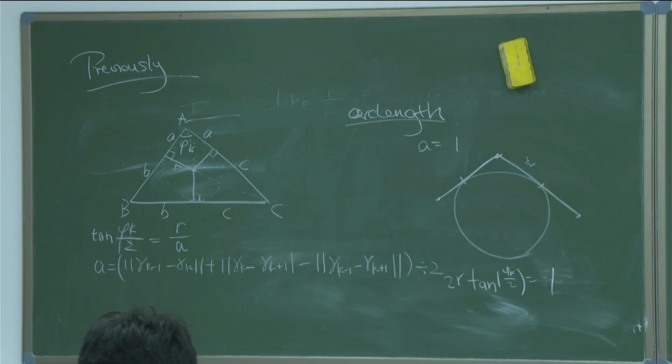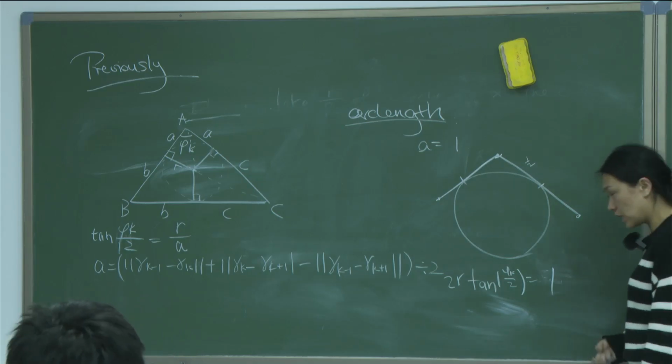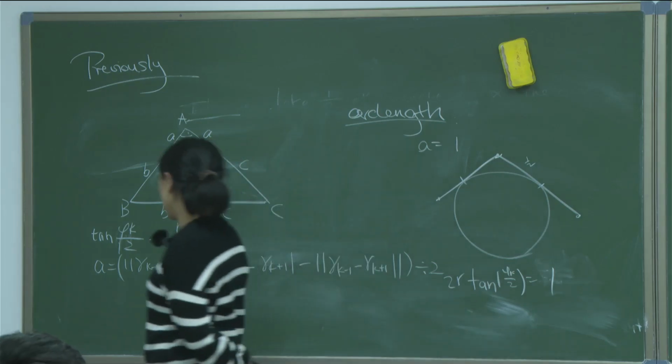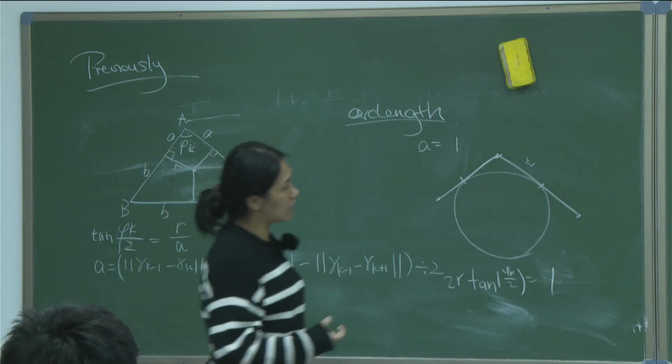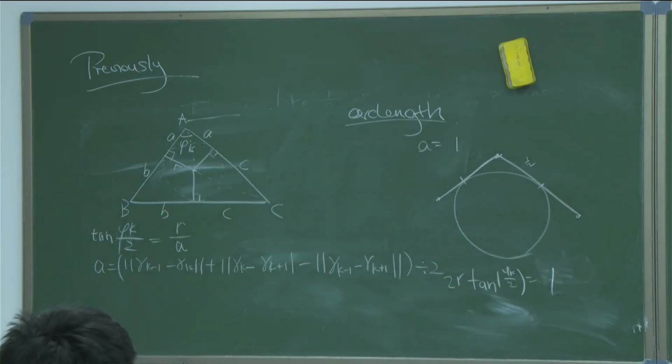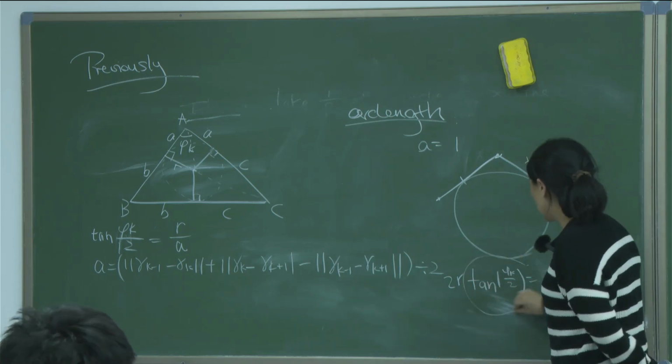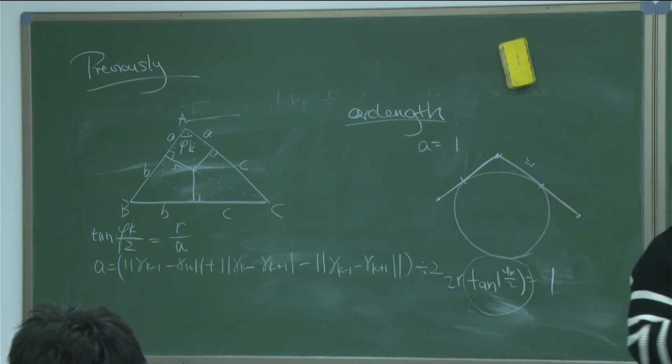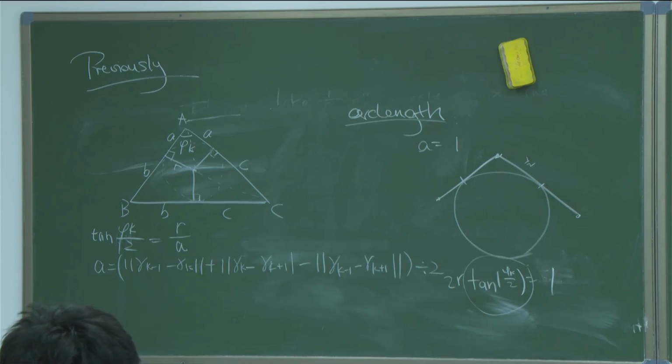So this would give a very easy formula. Basically one is sine, the other is tangent. None of this is better than the other because we are in a discrete world. There's no proper association. We have to agree on what the curvature is.